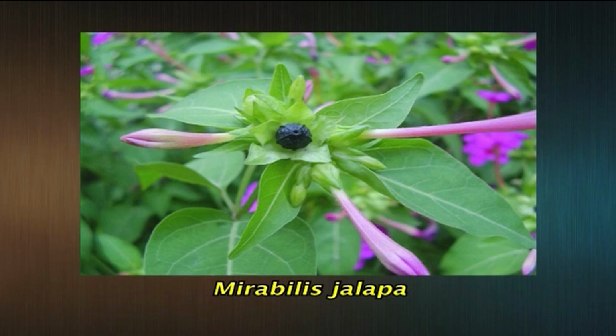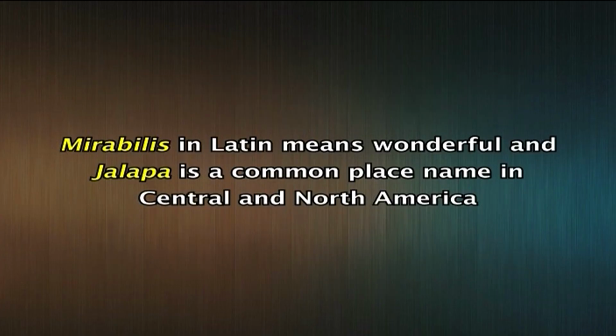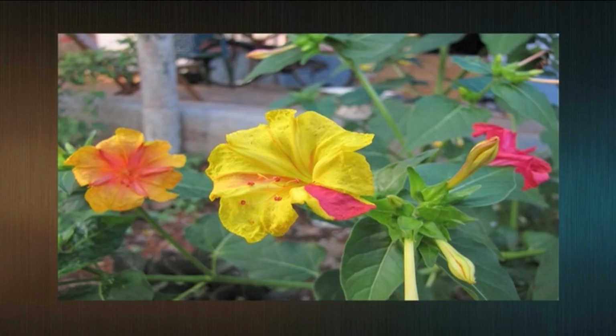Mirabilis jalapa, that is the 4 o'clock flower, is the most commonly grown ornamental species of Mirabilis and is available in a range of colors. Mirabilis in Latin means wonderful, and jalapa is a commonplace name in Central and North America. A curious aspect of this plant is that flowers with different colors can be found simultaneously on the same plant.